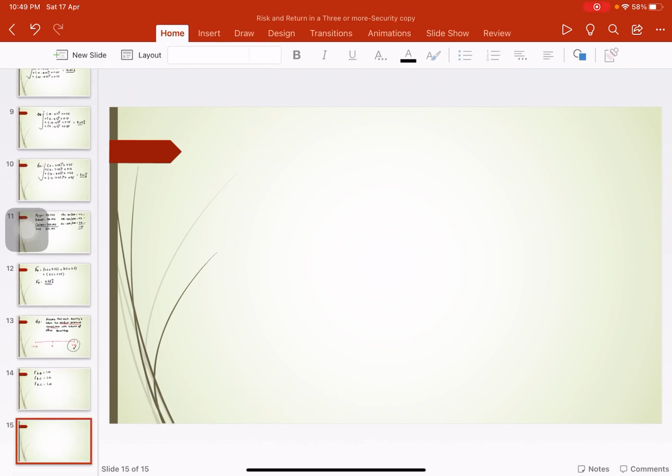Okay. So here kita boleh calculate lah the standard deviation of the portfolio.